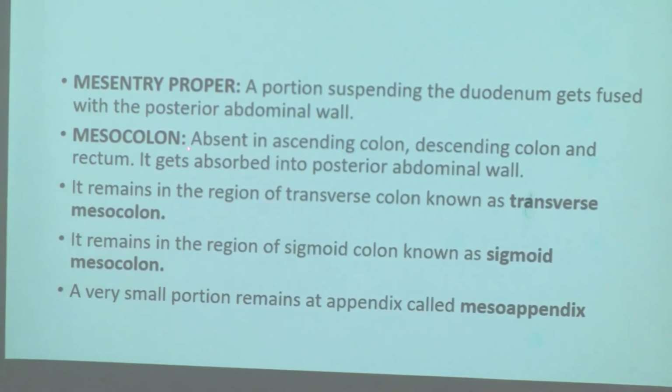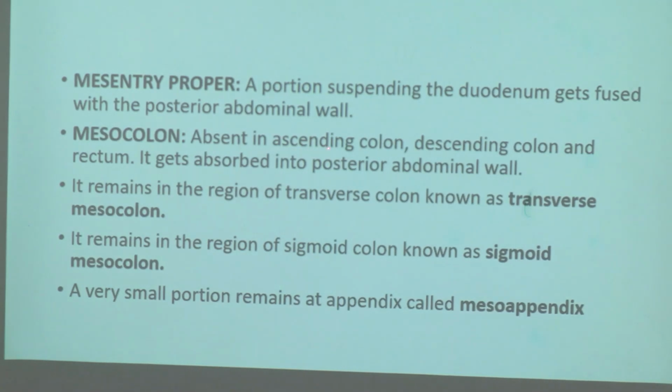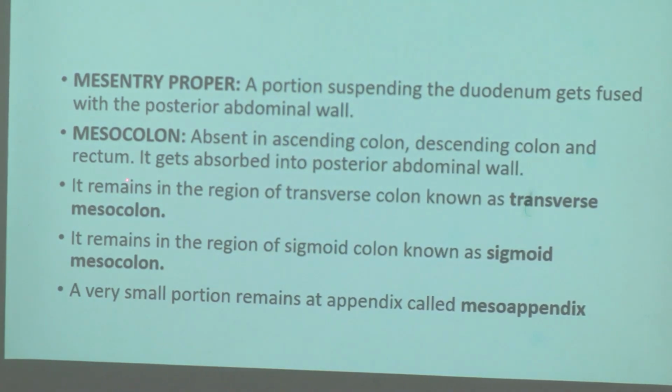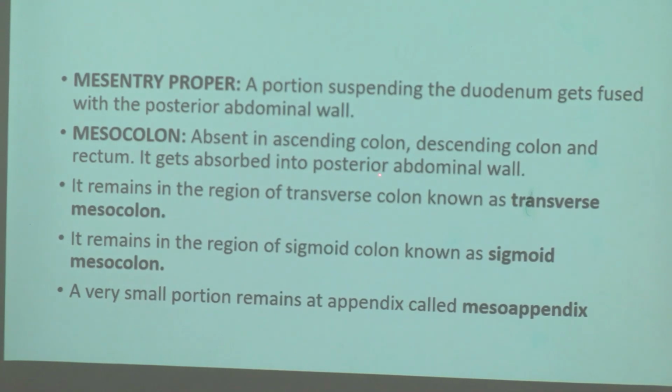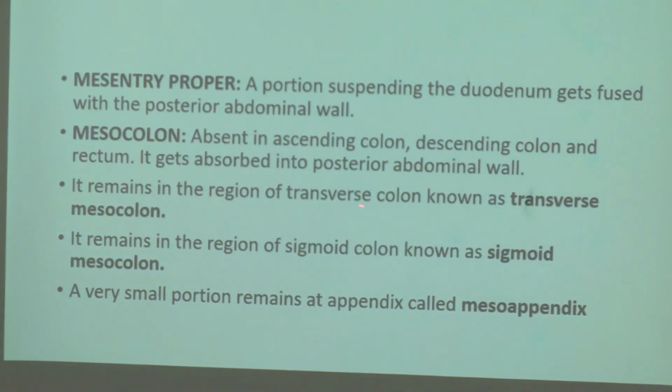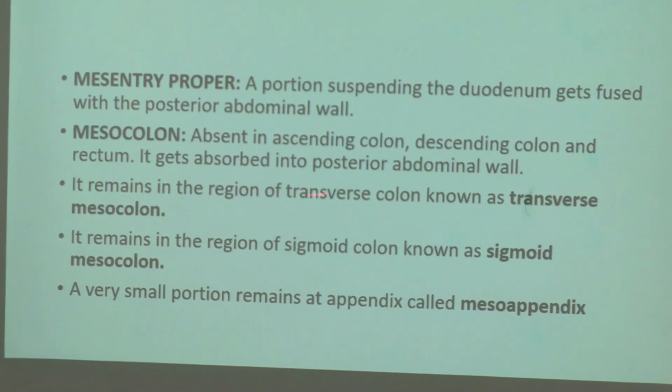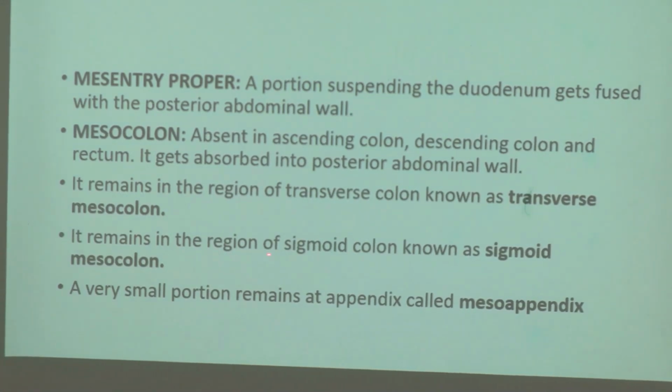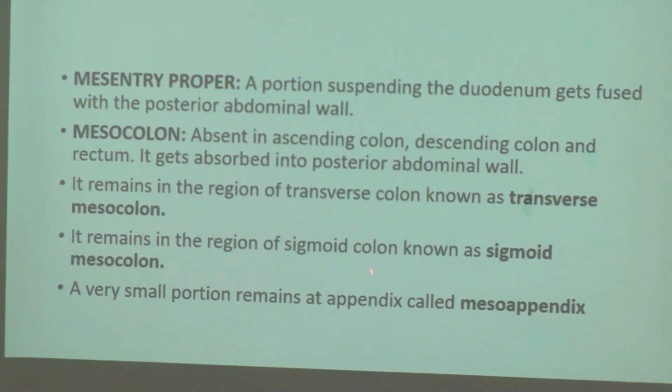Next we have mesocolon, which is absent in the ascending colon, descending colon and also in the rectum. It gets absorbed into your posterior abdominal wall. It remains in the region of the transverse colon, which is known as transverse mesocolon, and also in the region of the sigmoid colon and appendix. It is called sigmoid mesocolon and mesoappendix respectively.